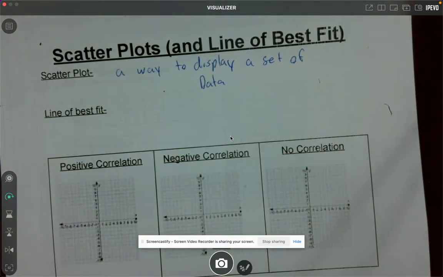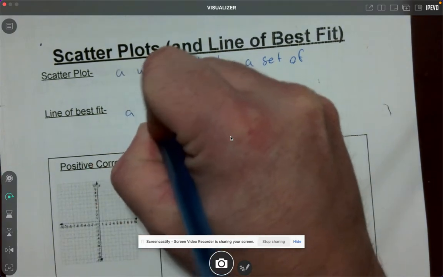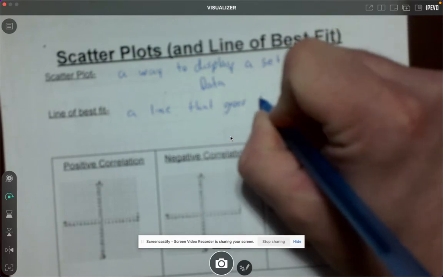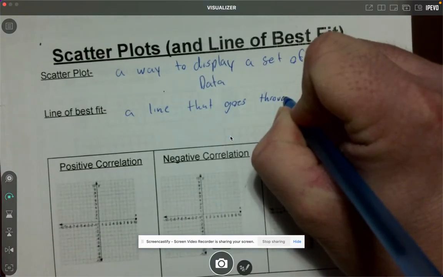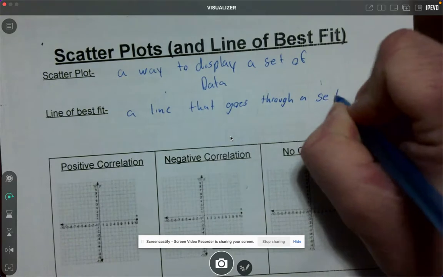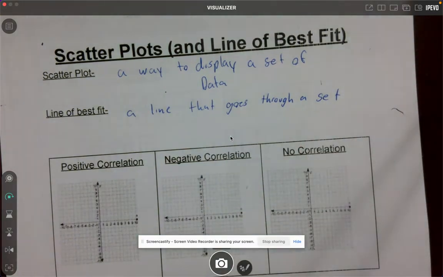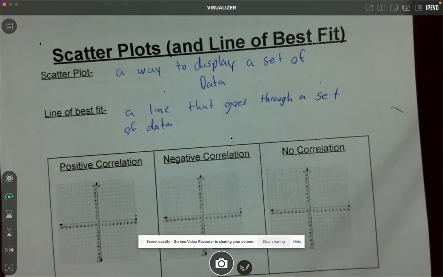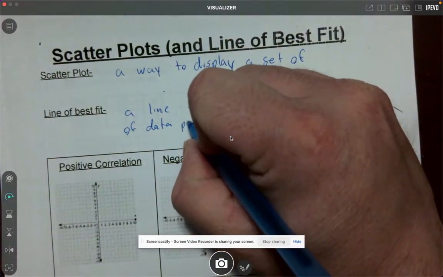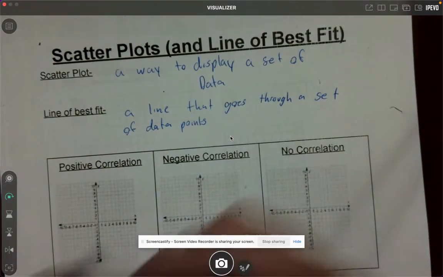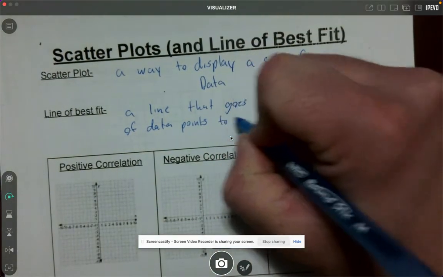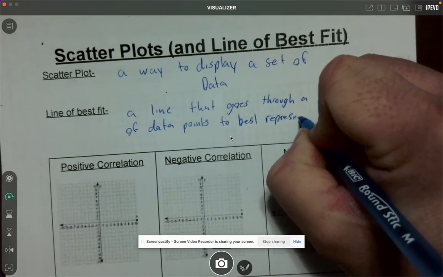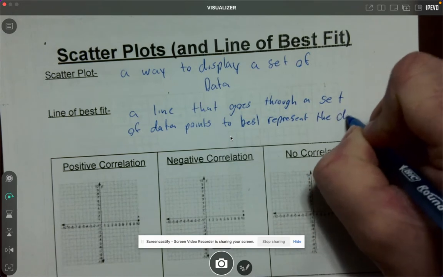So, basically, it is a line that goes through a set of data points, sorry, to best represent the data.